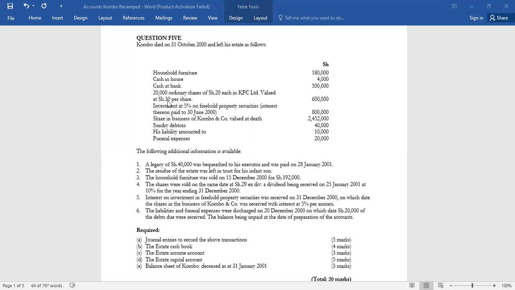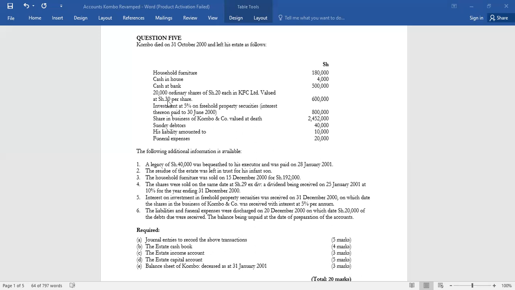So are we gaining or losing? Are we making a profit or a loss? We are selling at 29 shillings. They are supposed to be trading at 30. It's a loss, isn't it? Yes.